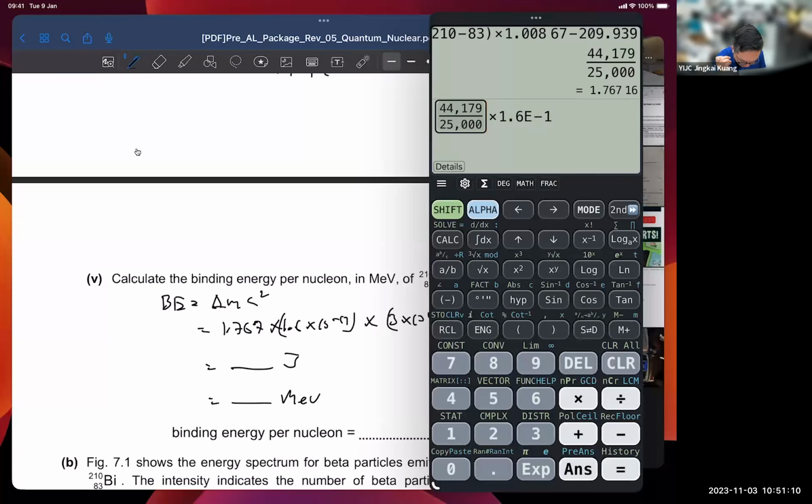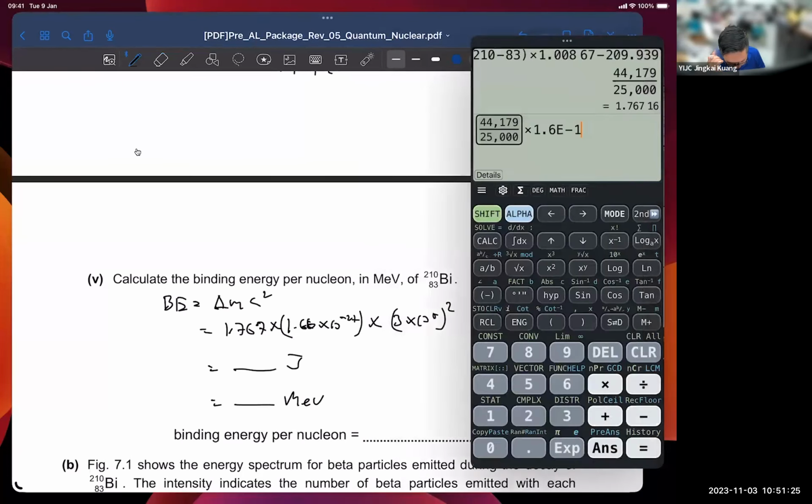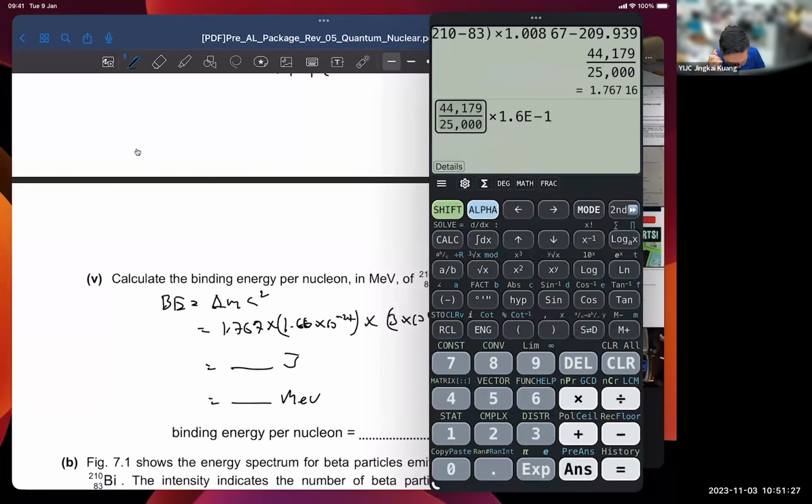Eh? Wait, I wrote something wrong here. So this one is 1.66 times 10 negative 27. 1.66 exponential negative 27 times 3e8 square.